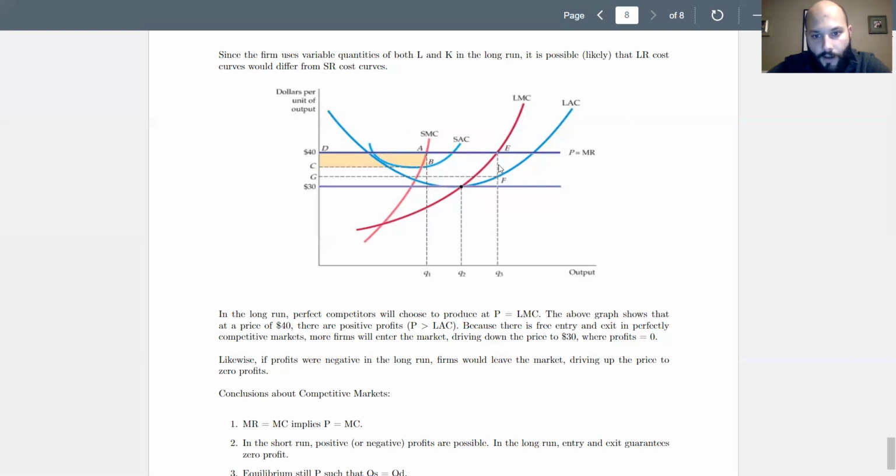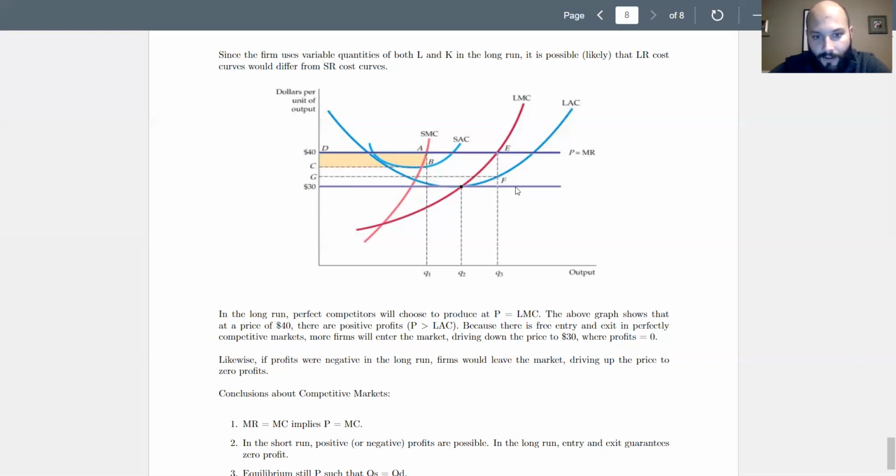So in the long run, our perfect competitors would be making positive profit, but we have to consider the free entry and exit assumption. If we were producing right here and making the positive profit, because of free entry, firms will continue entering the market, pushing the price down to $30.